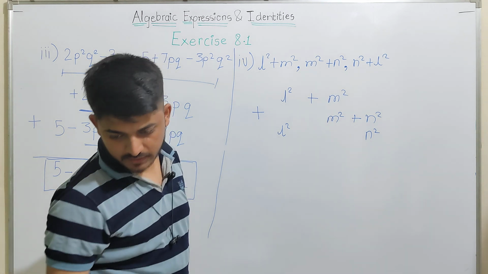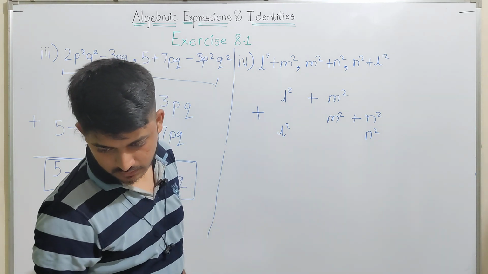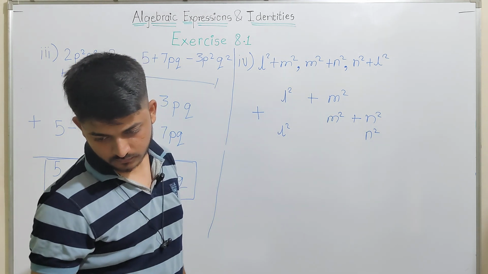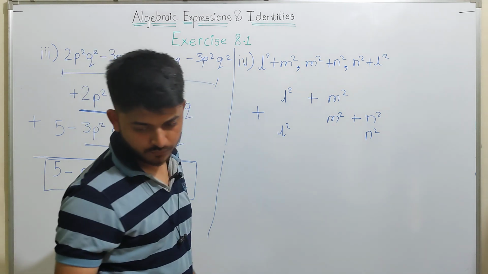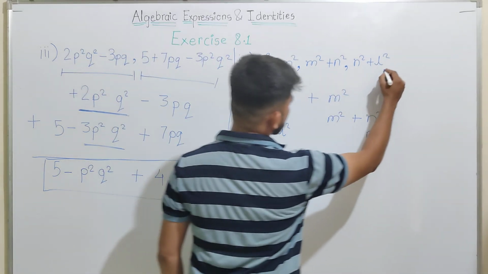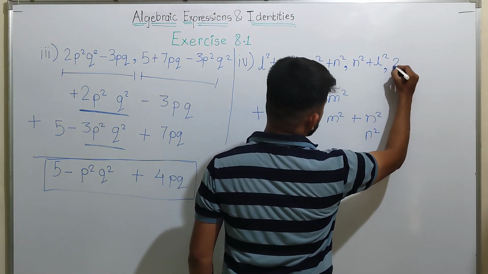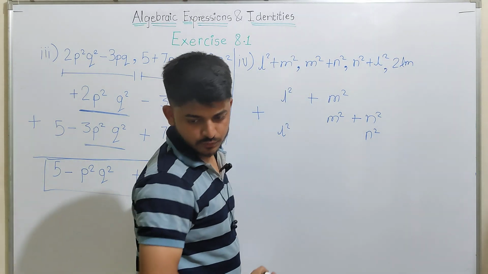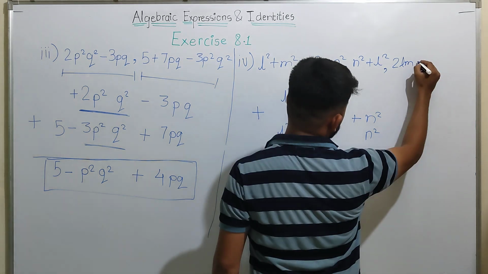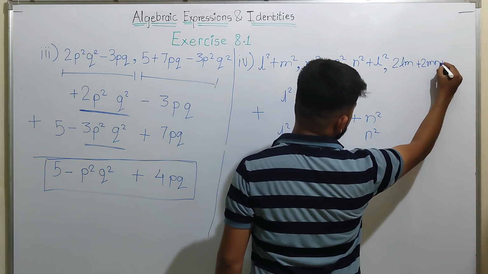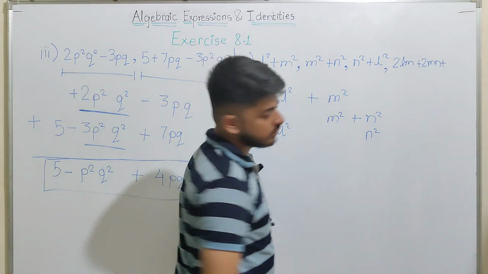So the fourth term is 2lm plus 2mn plus 2nl. Right. The fourth term is 2lm plus 2mn plus 2nl.